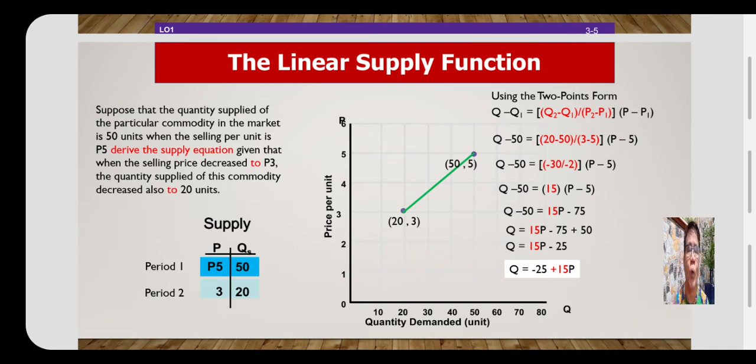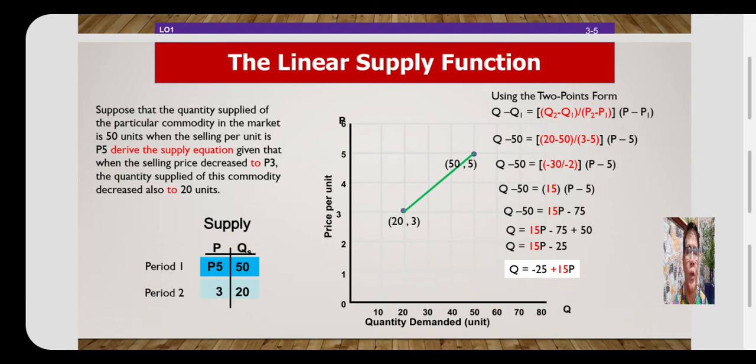So if we now connect the points, we are moving from right to left, okay? And the direction is downward, meaning to say that both the price and the quantity supplied decreased from a paired value of 50 and 5 to 20 and 3.